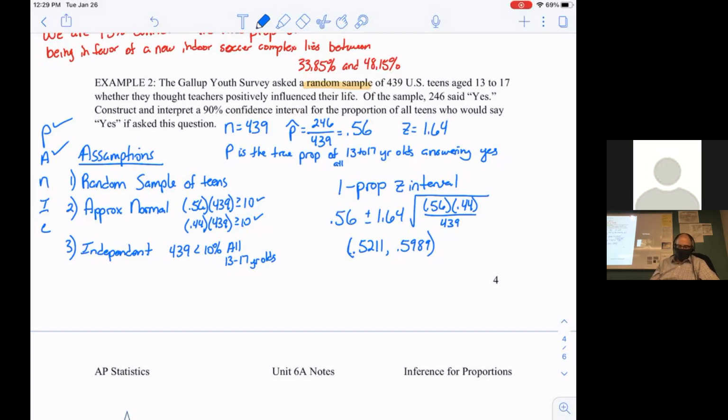Okay, we have named it. We have found the interval, and now we need to conclude. What are we going to conclude?